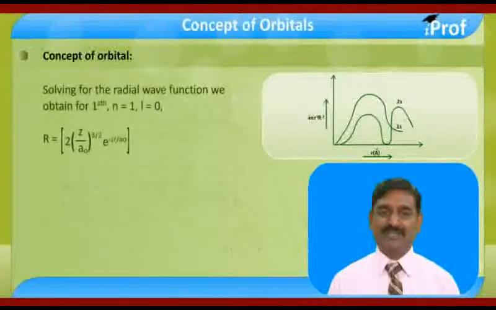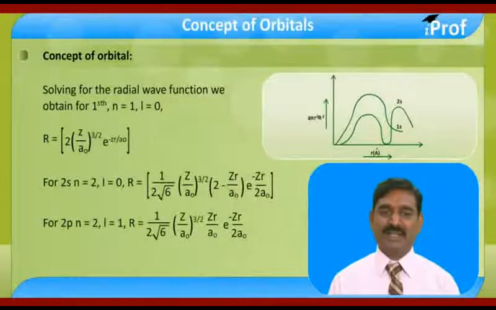Solving for the radial wave function, we obtain for 1s, n is equal to 1, l is equal to 0, R is equal to 2 (Z upon a naught) power 3 by 2 e power minus Zr upon a naught. For 2s, n is equal to 2, l is equal to 0, R is equal to 1 by 2 under root 2 (Z upon a naught) power 3 by 2 (2 minus Zr upon a naught) e power minus Zr upon 2 a naught.